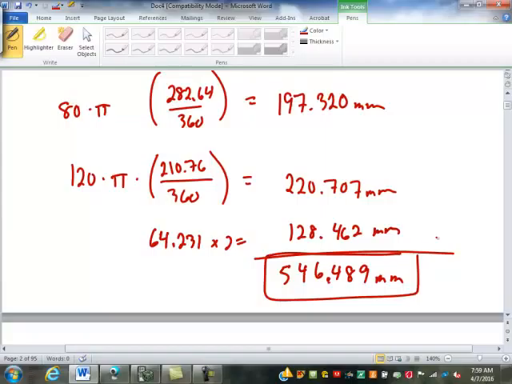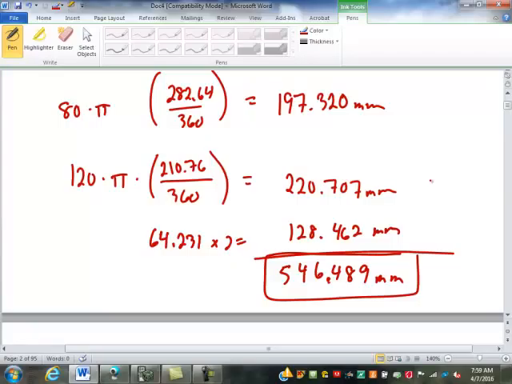No, something's off. I think I'm right. Seriously? Yep. 197.320, yep. 220.707.